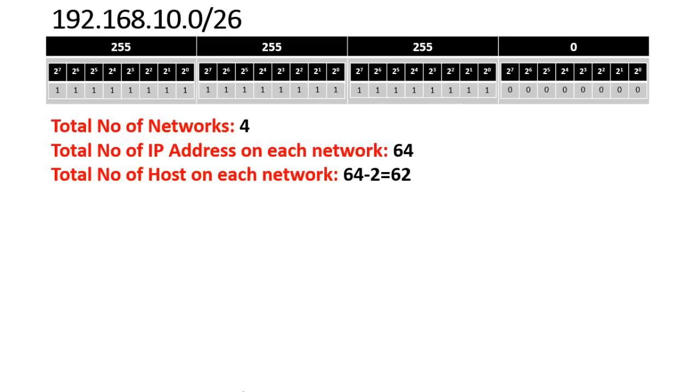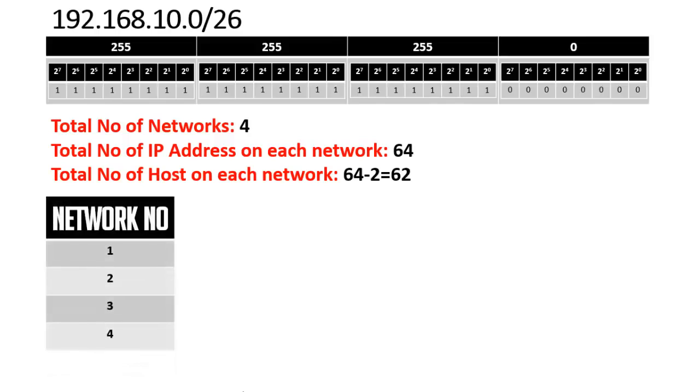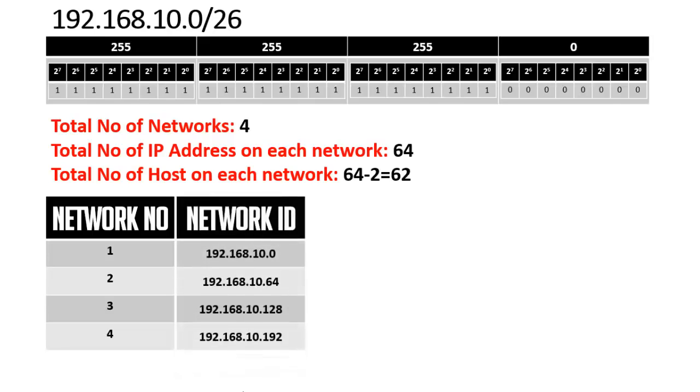So let's name these networks network 1, 2, 3 and 4. Now how to find the network ID for these? We just have to keep adding 64. The network ID of the first network will be 192.168.10.0, and the network ID of the second network will be 0 plus 64, which is 64, so it is 192.168.10.64.